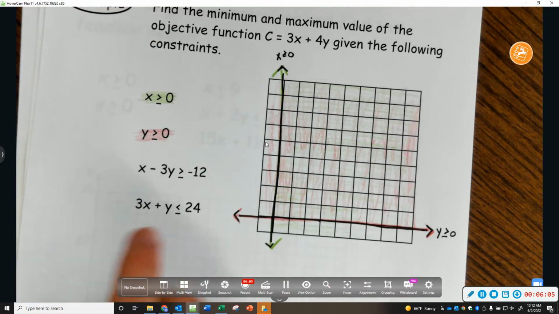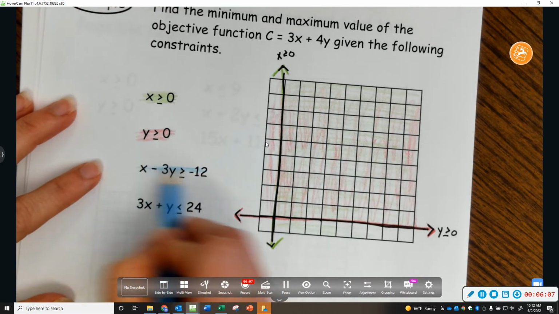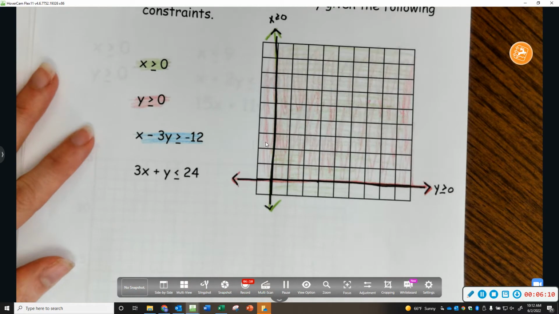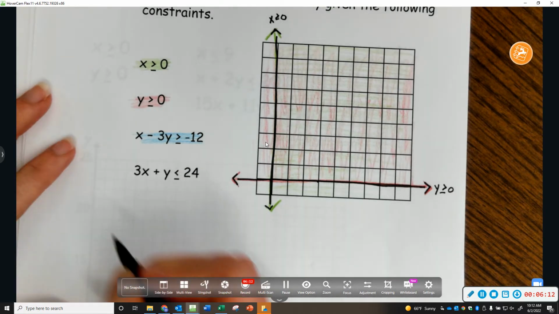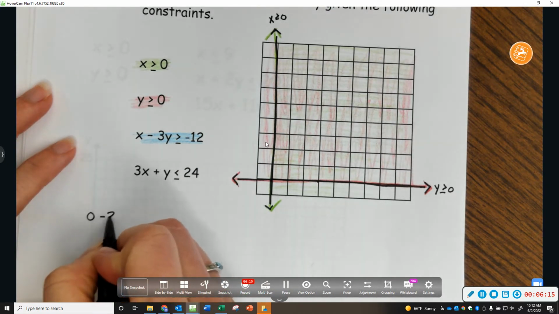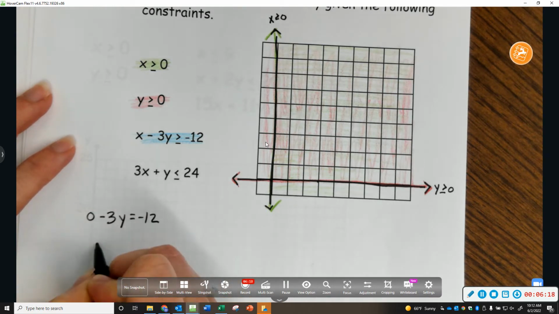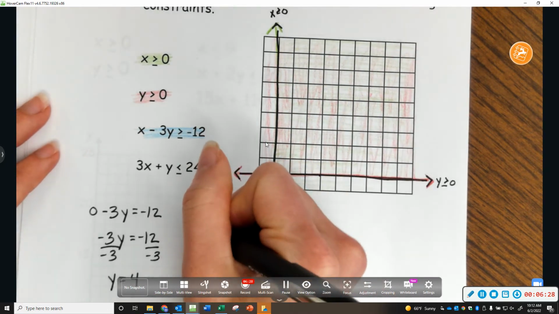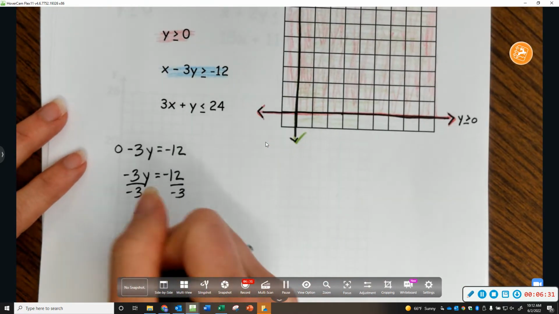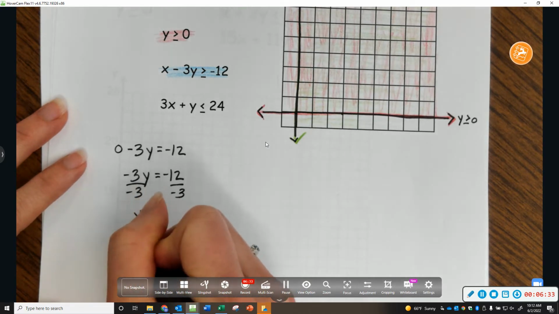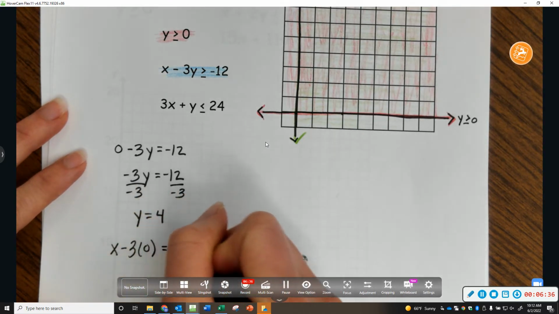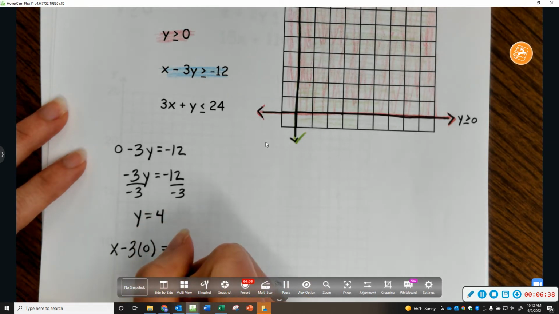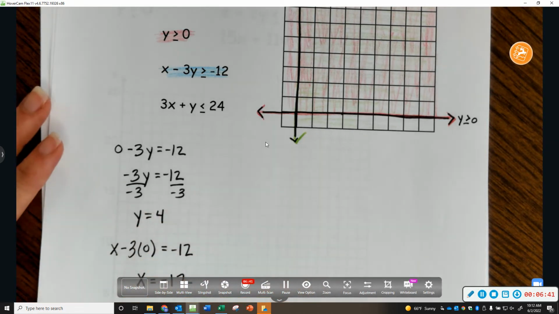Okay, so now in order to graph this one, I need to find your x and y intercepts. So 0 minus 3y equals negative 12, negative 3y equals negative 12, divide by negative 3, so y equals 4. Then x minus 3 times 0 equals negative 12, so x equals negative 12.